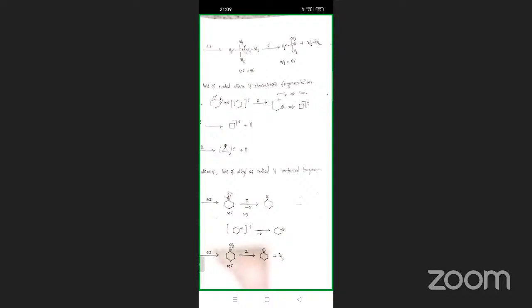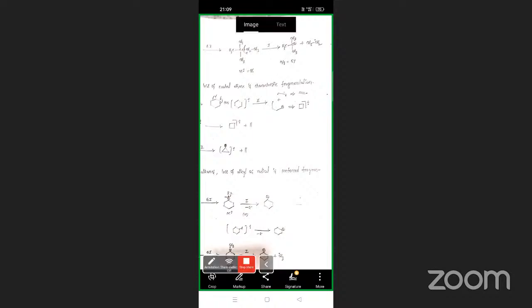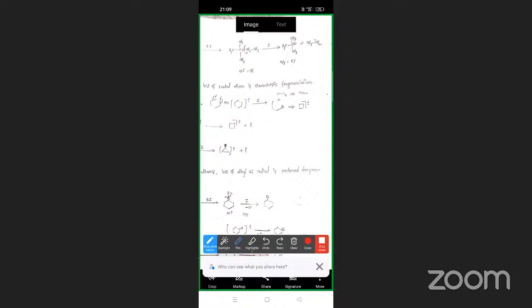So when you do this fragmentation here, we get this tertiary butyl group. So the tertiary butyl carbocation with m/z 57, and the other fragment is the ethyl radical.